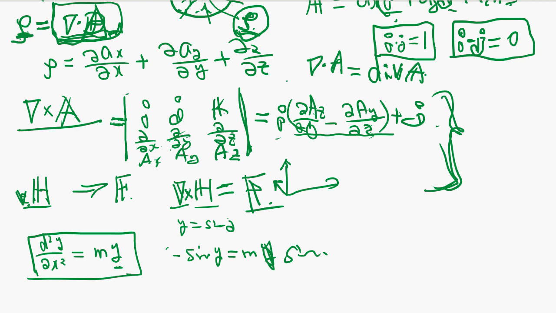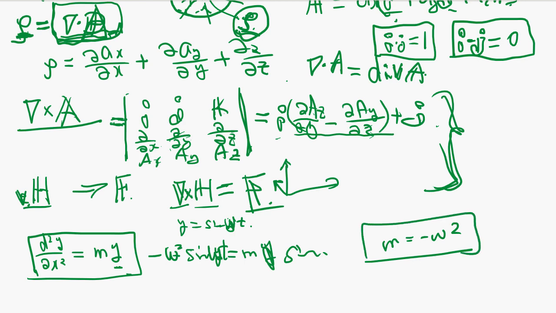Sine omega t, so it's omega t, omega twice, so m equals minus omega. Then this differential equation can be solved. The answer is sine omega t if m equals negative omega squared. Okay, this kind of solution exists, right?